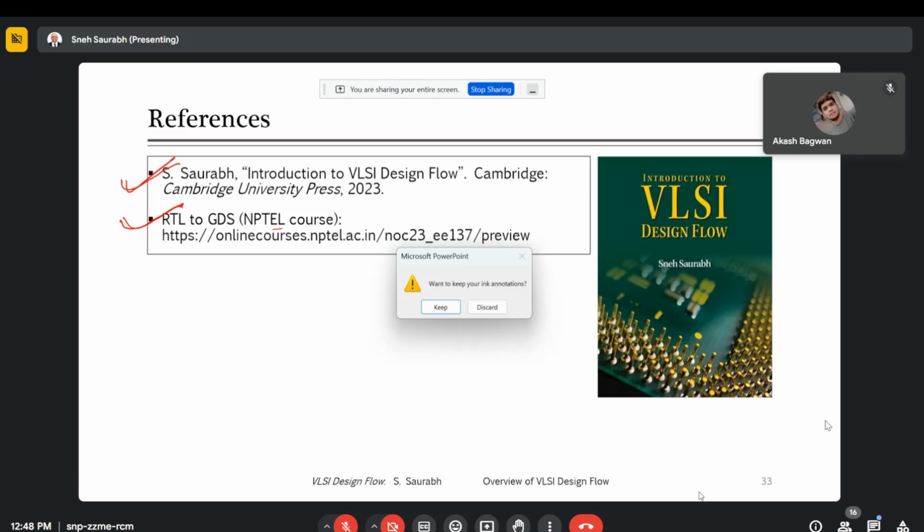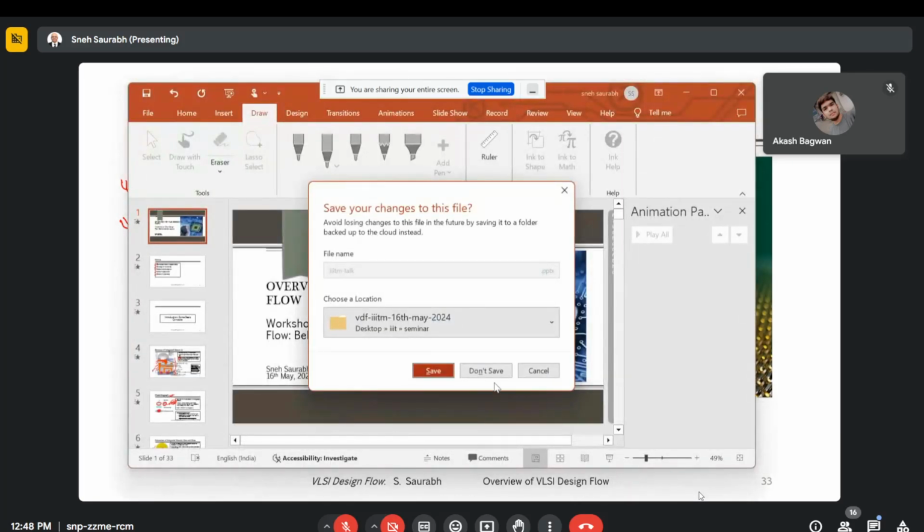during floor planning, not much area optimization. When we do floor planning, at that point of time, we know what would be the aspect ratio of our chip and so on. Can you see my slides? Yes, sir.